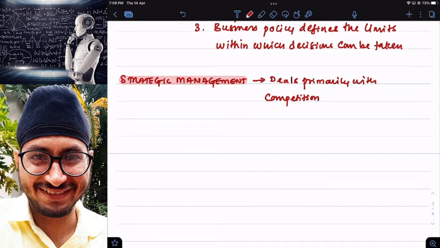Every company wants more and more sales, more and more customers. How is it possible, sir? It is possible only when I am able to manage my competition properly. So who will help me to deal with competition? Strategic management. And strategic management helps business to create competitive advantage.